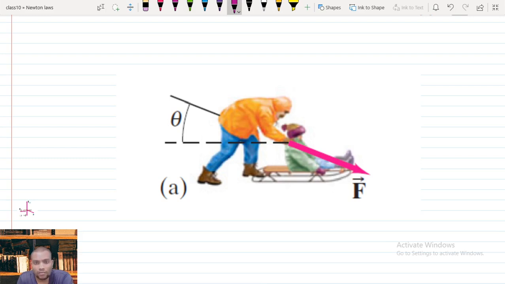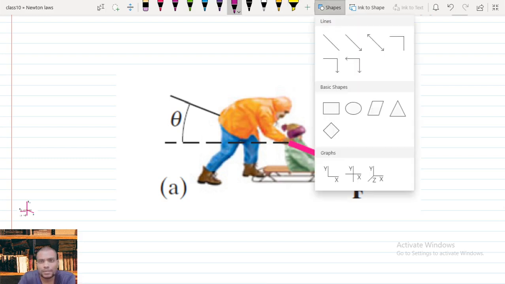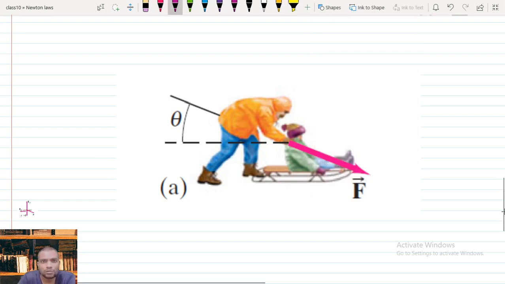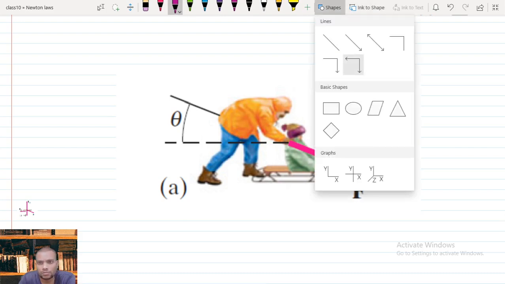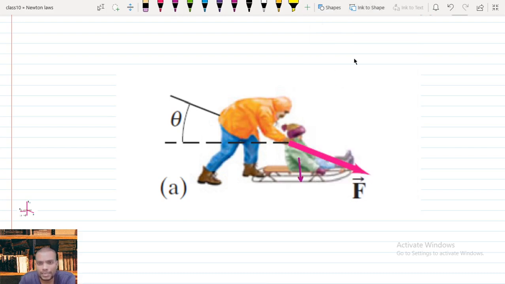Now what are the forces acting on this sledge, or the boy who sat on the sledge? There is a force applied from the backward direction. They already represent the force direction here. Apart from that, we need to draw our regular forces. What was that? Weight, which acts in the downward direction, mg.